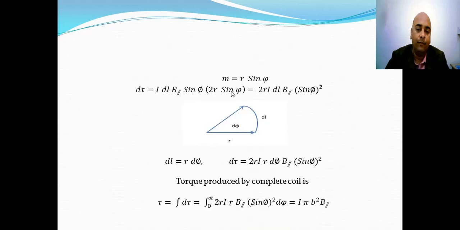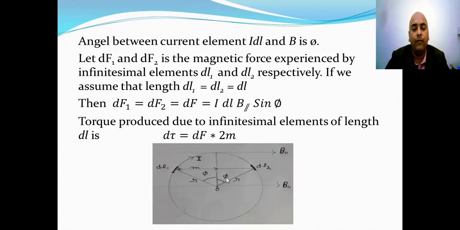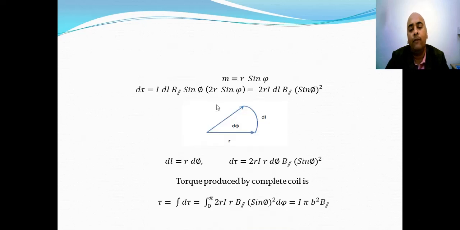From the geometry we can also derive the relation between m and the radius of the coil. We can observe that m can be specified in terms of r and phi as m equals r sine of phi.